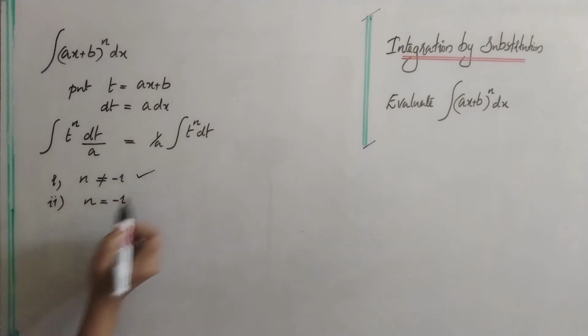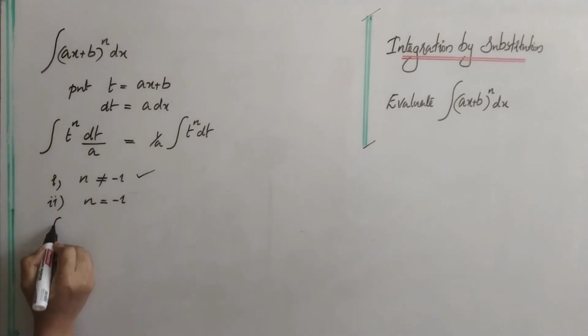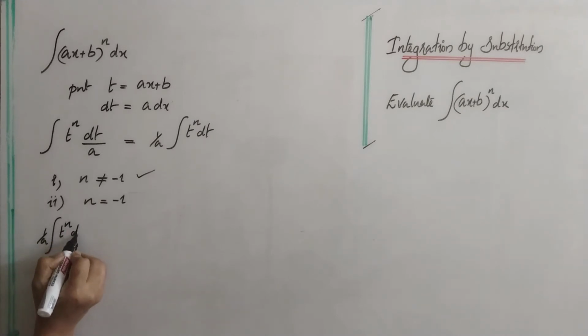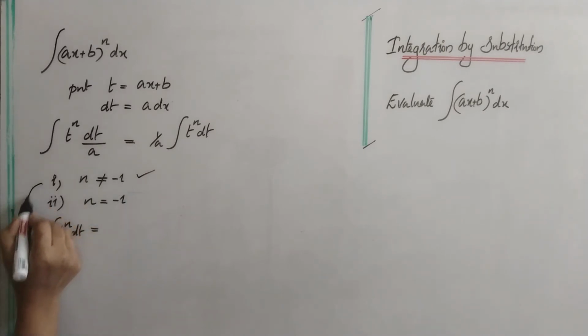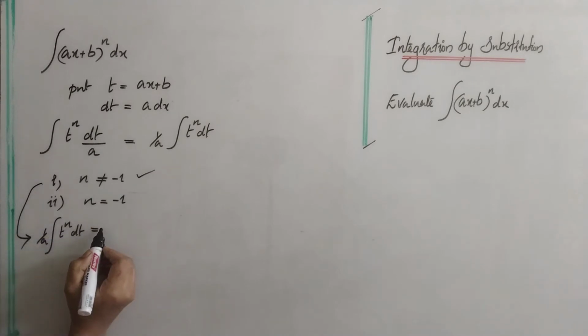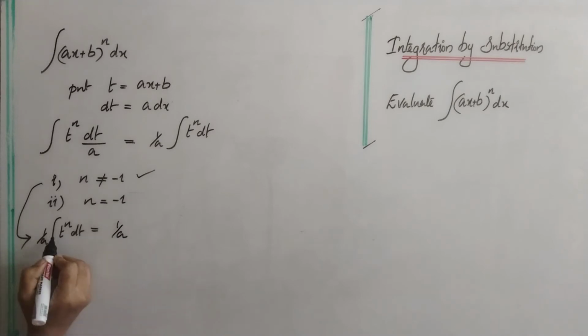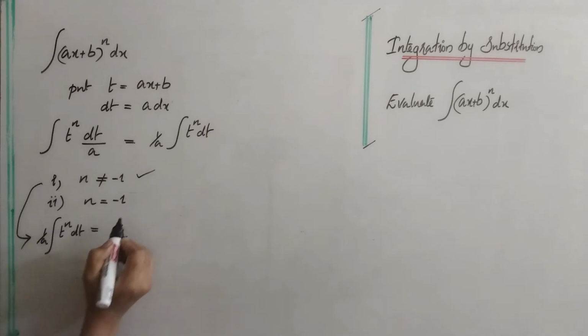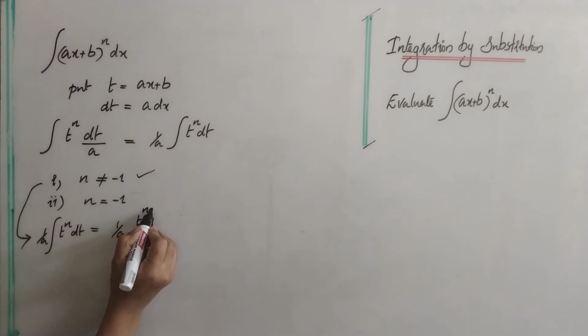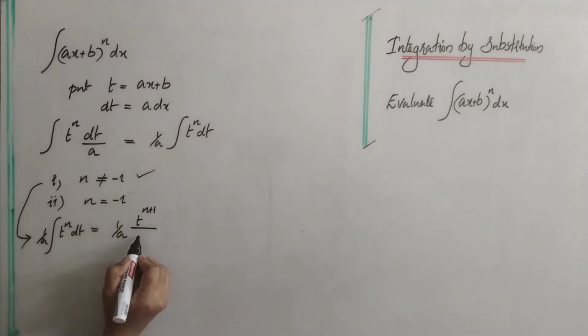When n is not equal to minus 1, this integration becomes 1 by a into integral t raised to n dt, which is t raised to n plus 1 divided by n plus 1.